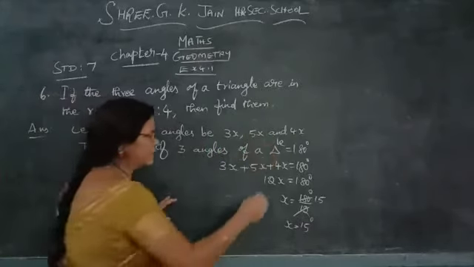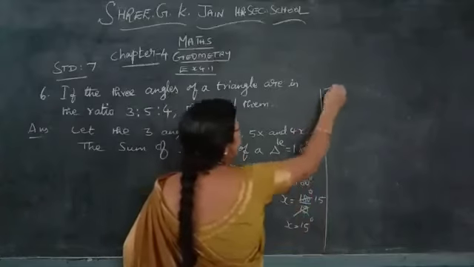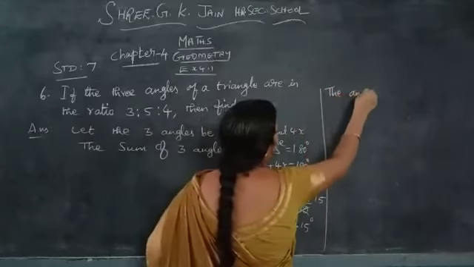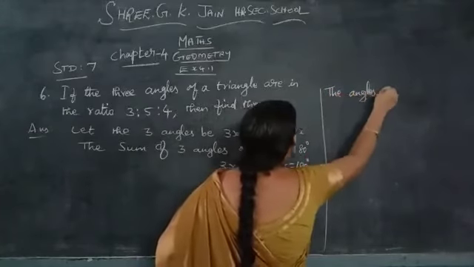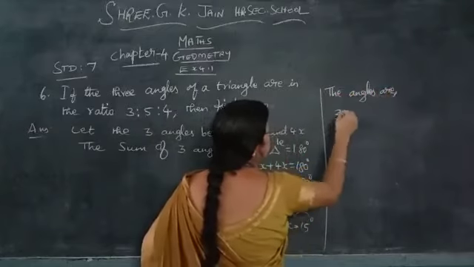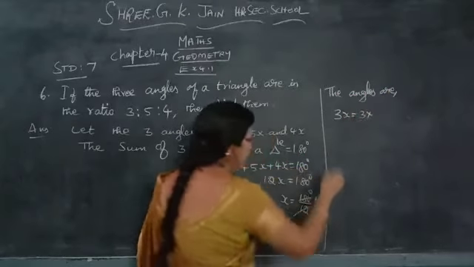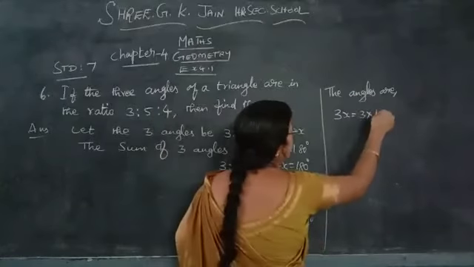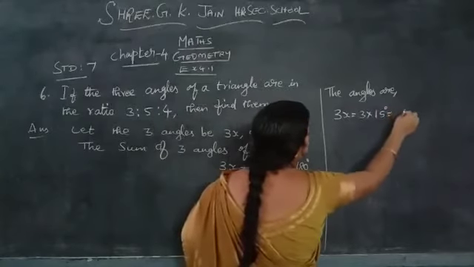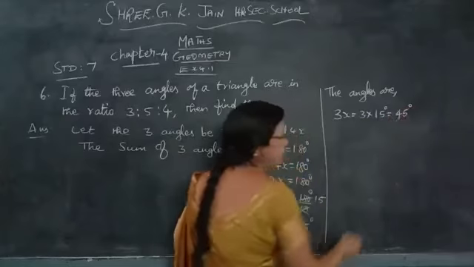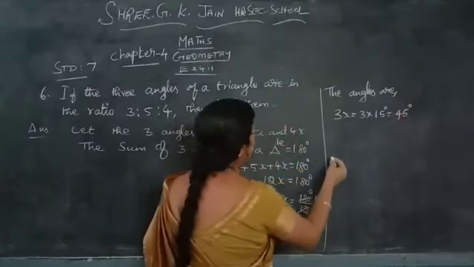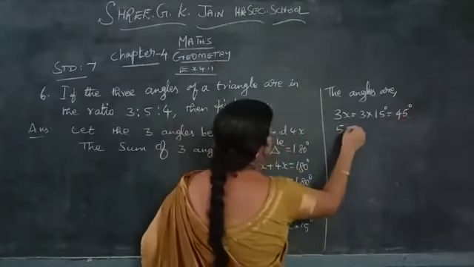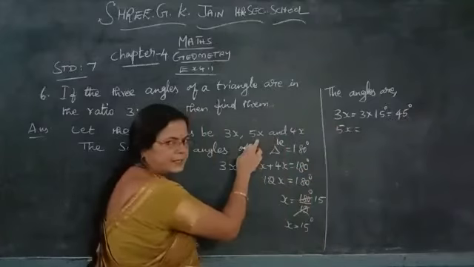So the angles are 3x equals 3 into, in the place of x what will you put? 15 degrees. So multiplying, you will get 45 degrees. And next, what is the second angle given? 5x.